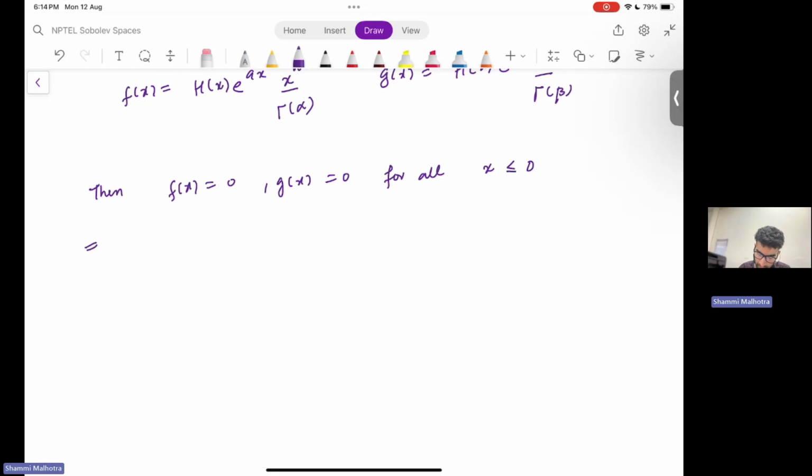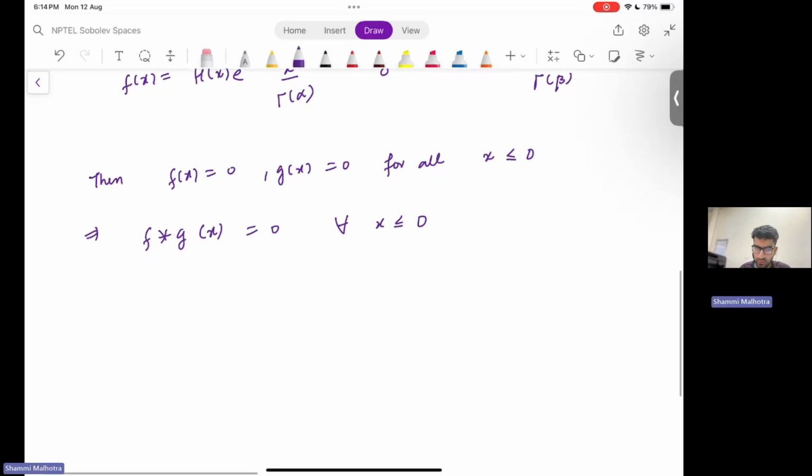So this implies that f star g for x less than 0 has to be 0, from the definition only.